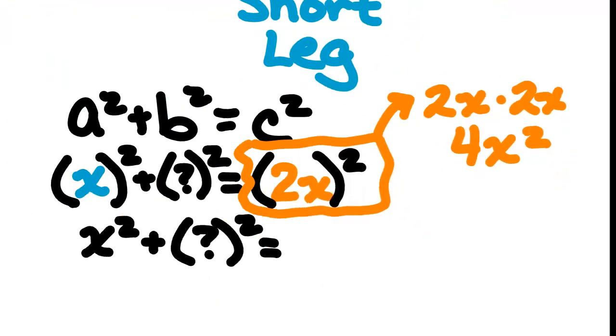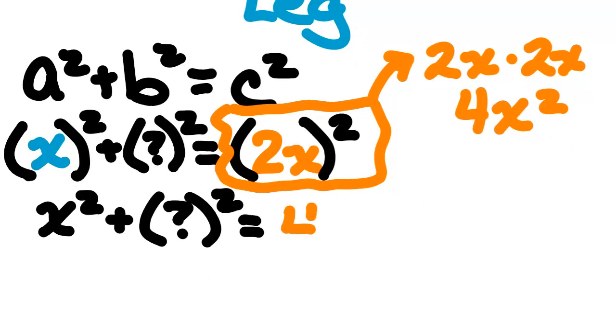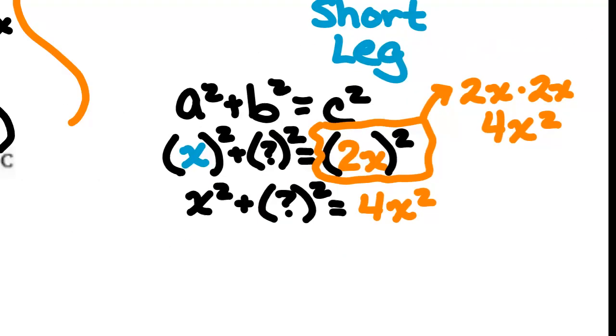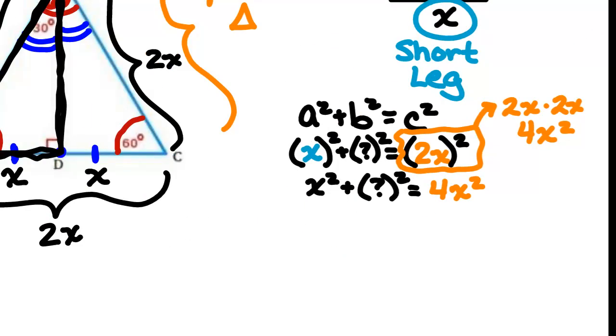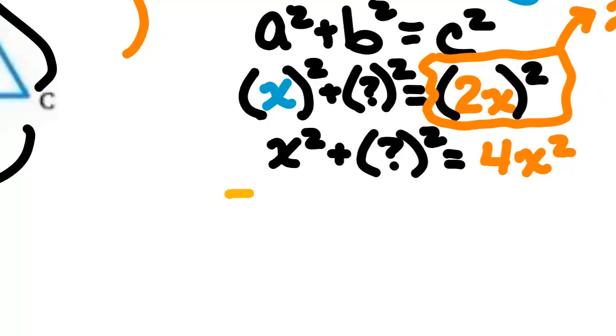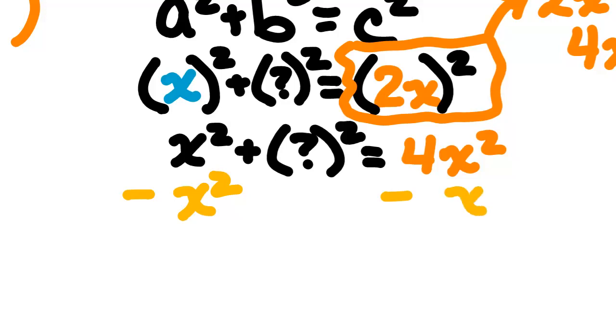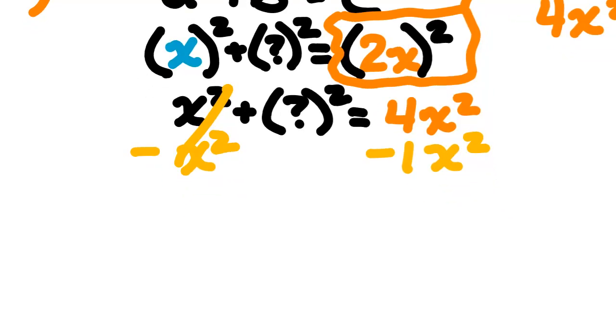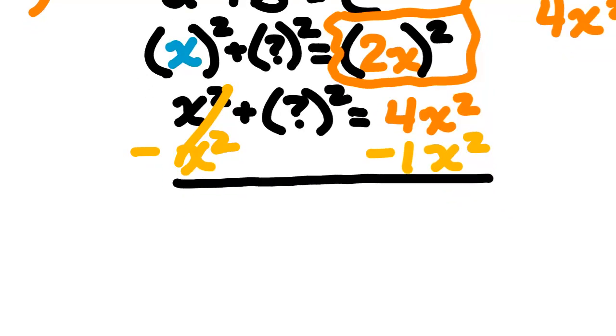So 2x squared is 4x squared. I want to get that question mark all alone, so I'm going to subtract x squared from both sides. When I'm subtracting x squared from both sides, how many x's am I subtracting? Just 1. We're subtracting 1x squared. So I've got 4x squared minus 1x squared, which gives us what? 3x squared.